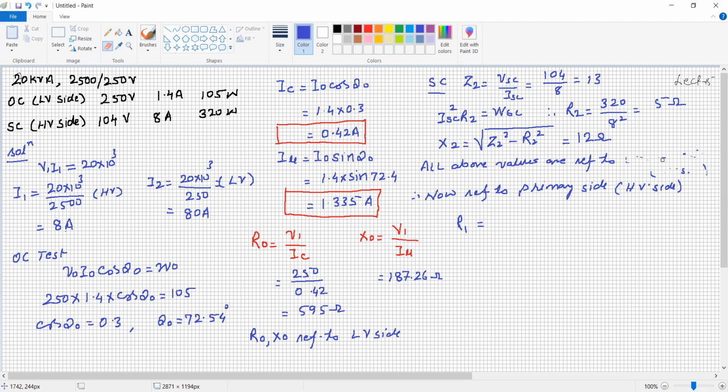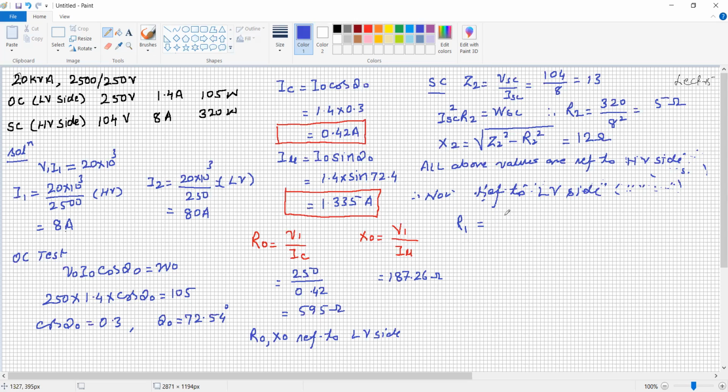These values are referred to the HV side. Now we have to refer them to the LV side, because the shunt parameters are referred to the LV side.